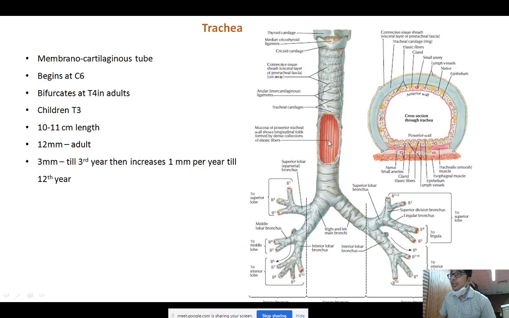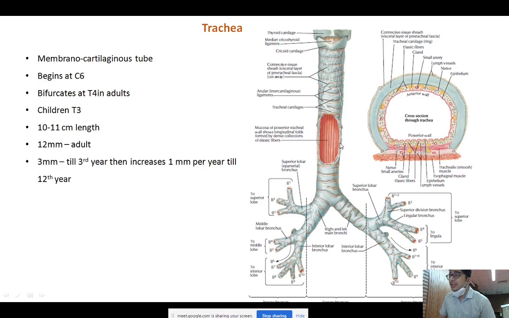Now you see the lumen of this trachea is about 12 millimeter in adults, and in children it is 3 millimeter. We should be concerned about the lumen because we do endotracheal intubation. In adults, different sizes are there.